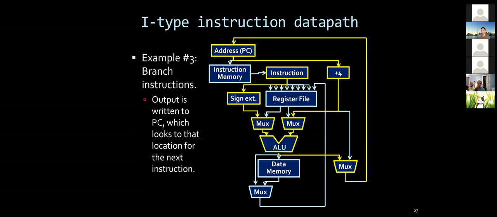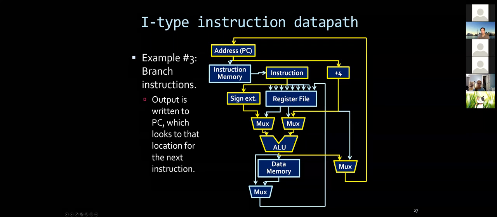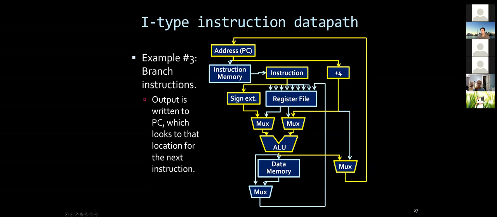Example number 3, which is very different, is a branch instruction. Remember, the branch instructions are the ones that manipulate the address. So the instruction doesn't read anything from the register file. It just takes the constant and the PC, and it adds the PC with the constant that you gave it. Remember, the branches I showed you were using relative addresses from the PC.